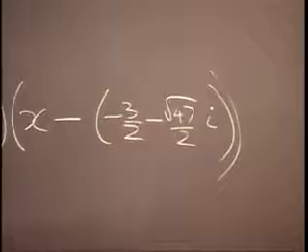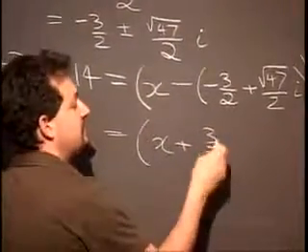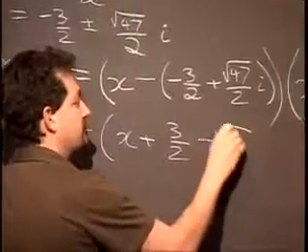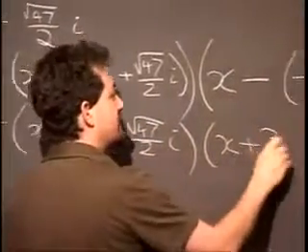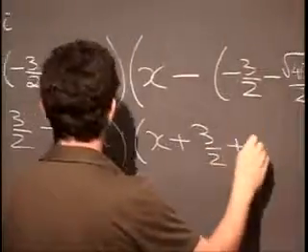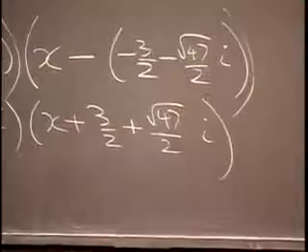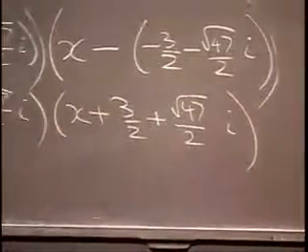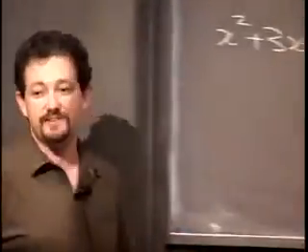And if you like, you can simplify this to be x plus 3 halves minus root 47 over 2i, times x plus 3 halves plus root 47 over 2i. So the idea being that if you expanded this out and simplified, you would just reduce to that.